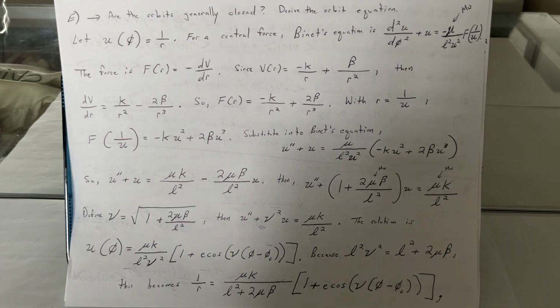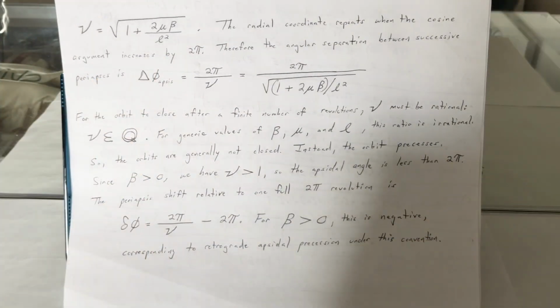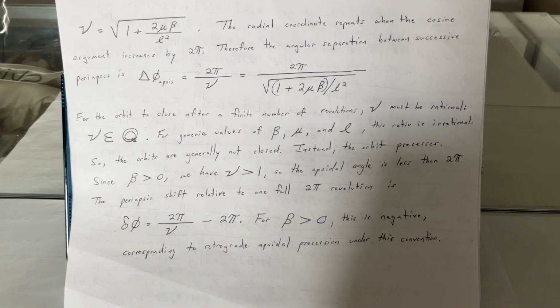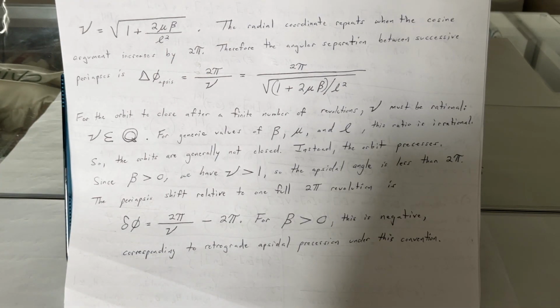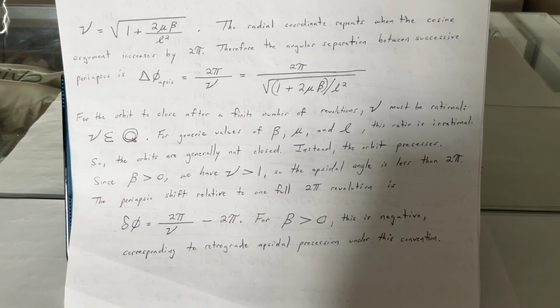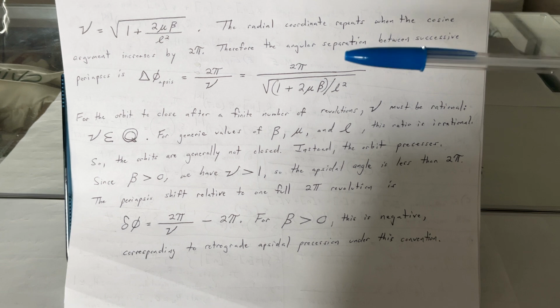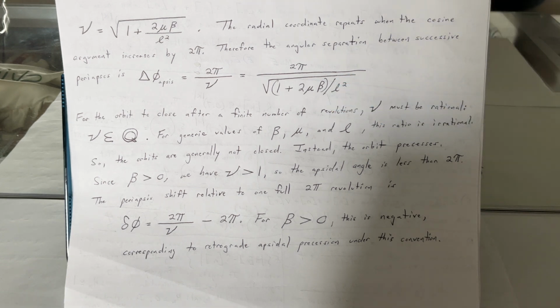Now, nu equals the square root of 1 plus 2 mu beta over L squared, and the radial coordinate repeats when the cosine argument increases by 2 pi. Therefore, the angular separation of successive periapses is delta phi sub apsis equals 2 pi over nu, which is 2 pi over the square root of 1 plus 2 mu beta divided by L squared.